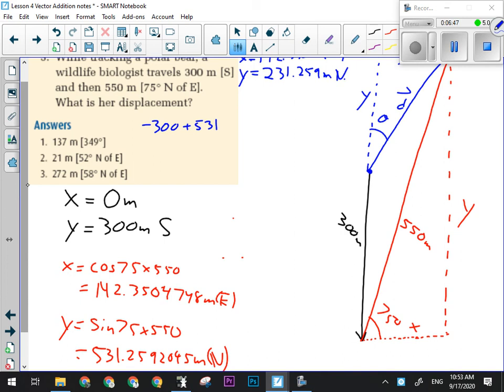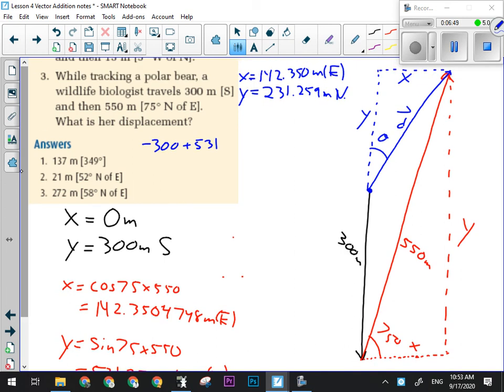Okay, so what's my next step? I have the two sides of my overall displacement triangle. How will I find my overall displacement? Do Pythagorean theorem. I have y and x, and I'm looking for d. So my next step is to take the square root of a squared, that's the 142, plus b squared, 231.